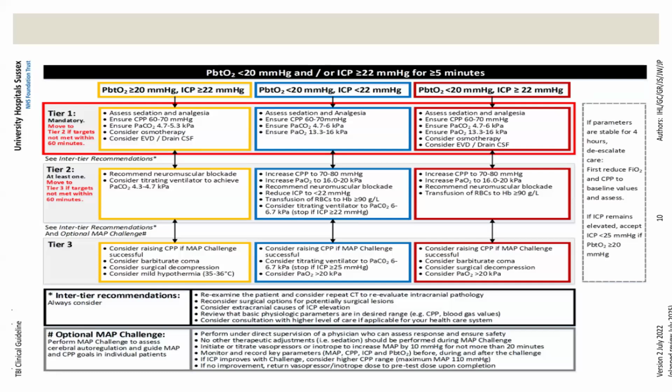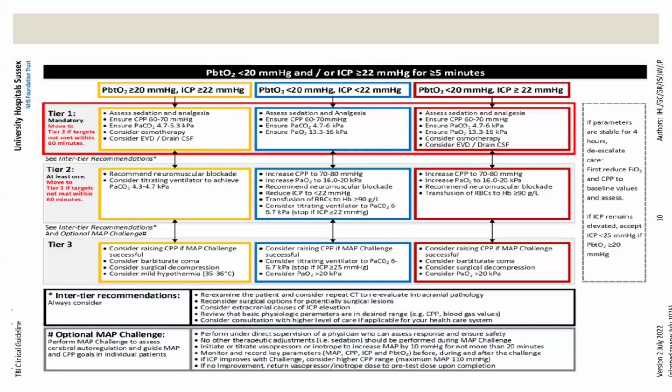Then tier 2 includes increase CPP to 70 to 80, increase PaO2 to more than 90, recommended neuromuscular blockade, reduce ICP to less than 22, transfusion of RBC to maintain the Hb of more than 9. Then consider titrating ventilator to maintain PCO2 of 32 to 35.